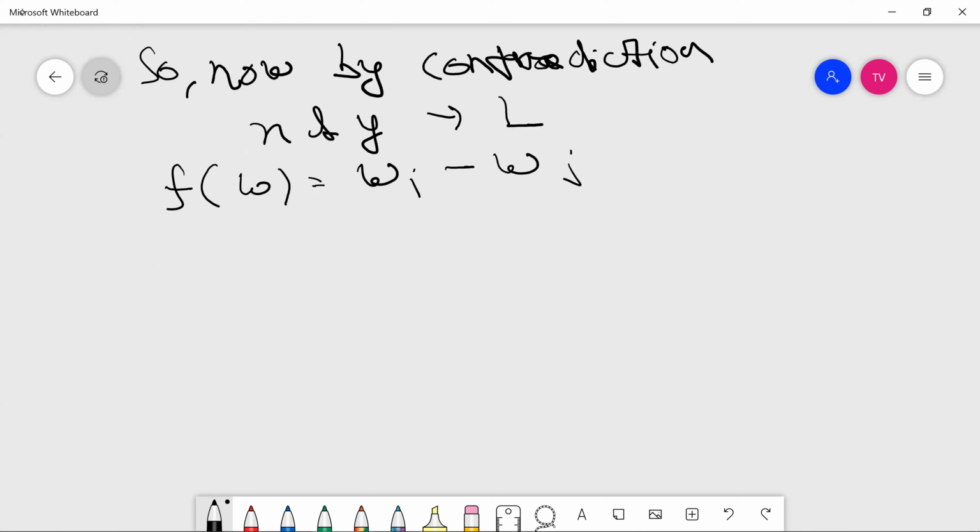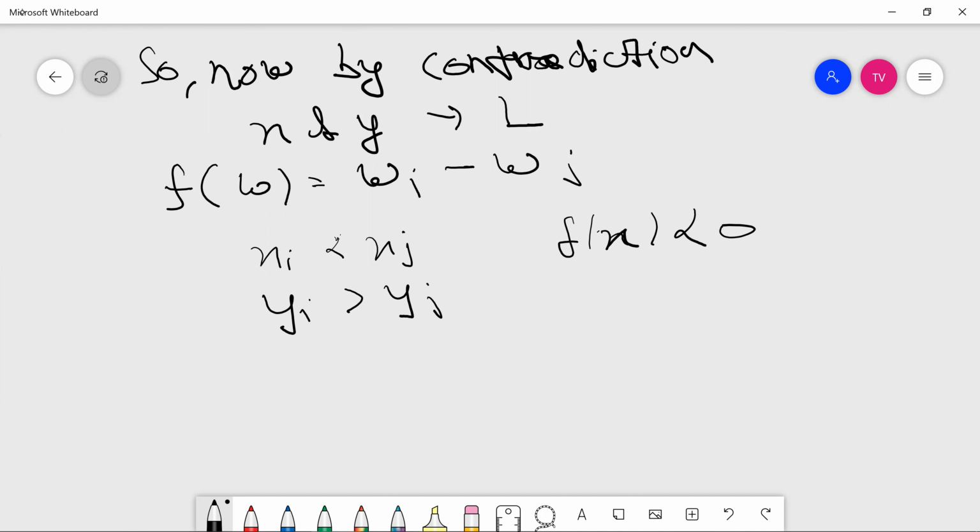As xi was less than xj, f of x will be less than 0, and yi was greater than yj, so f of y will be greater than 0.